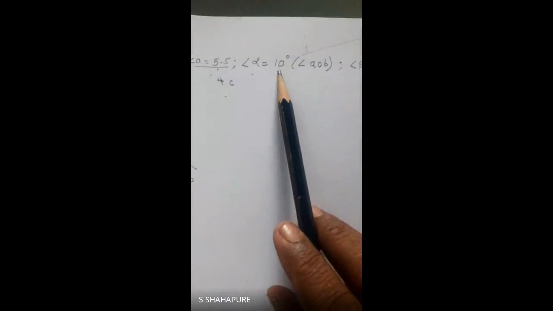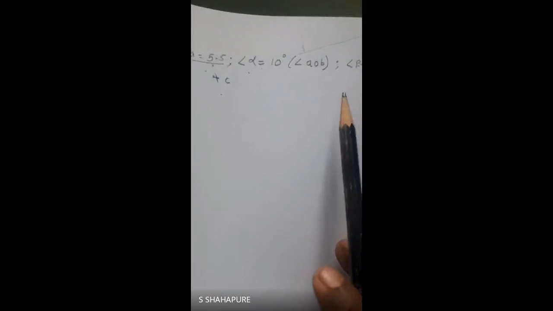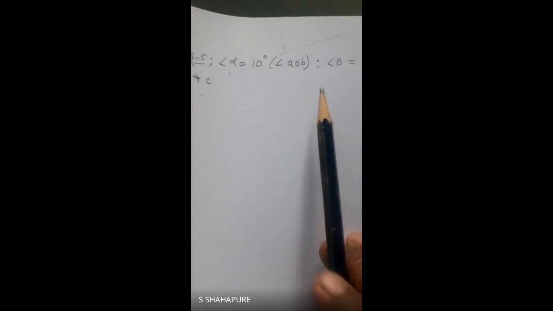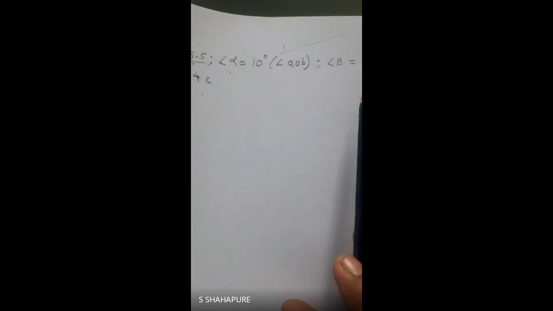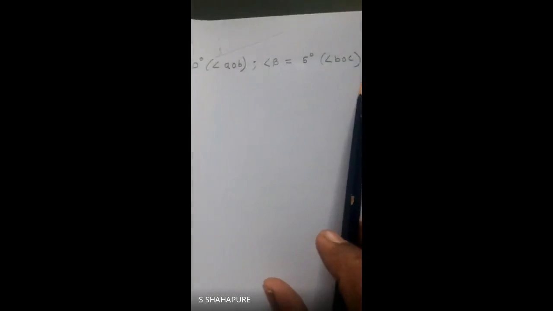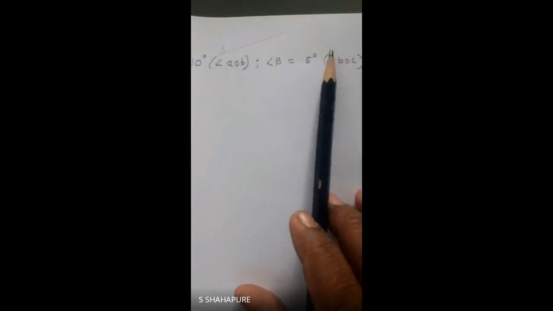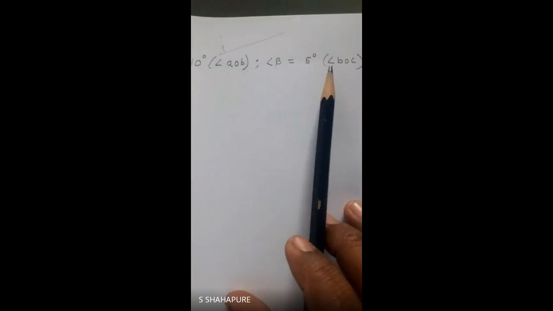Alpha angle is 10 degrees and beta angle is 5 degrees, that is AOB and BOC, 5 degrees angle.